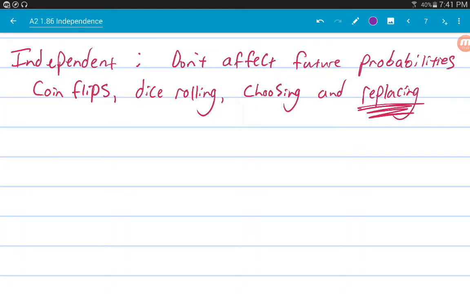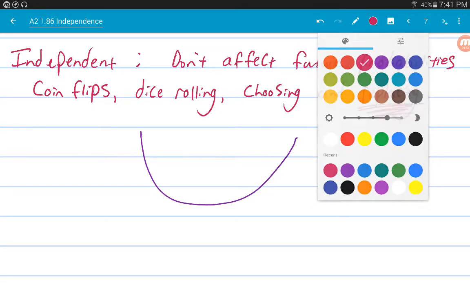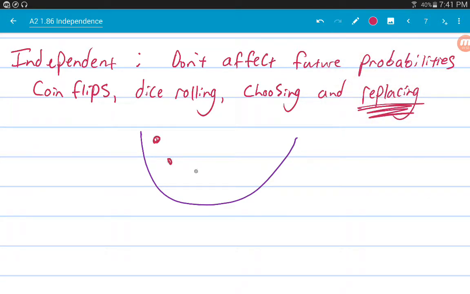So if I have a bag, I'll use a bowl because it's easier to draw. In that bowl I have a bunch of apples, which I'm very sloppily drawing as red dots. I've got 5 apples, and I've got 5 oranges.